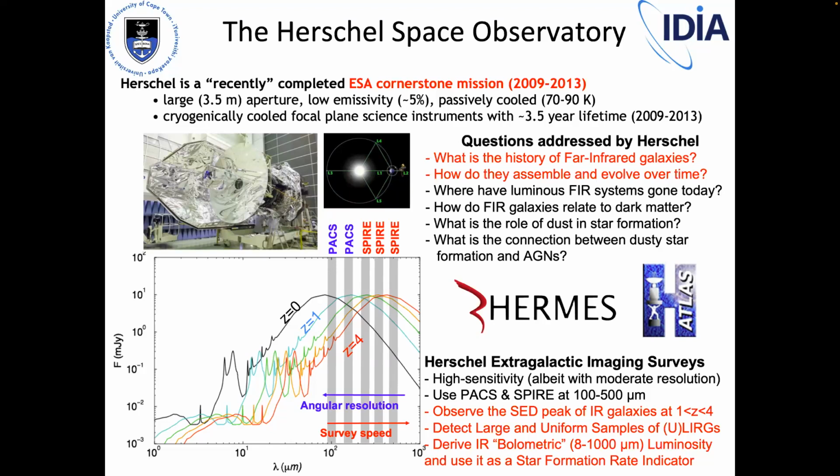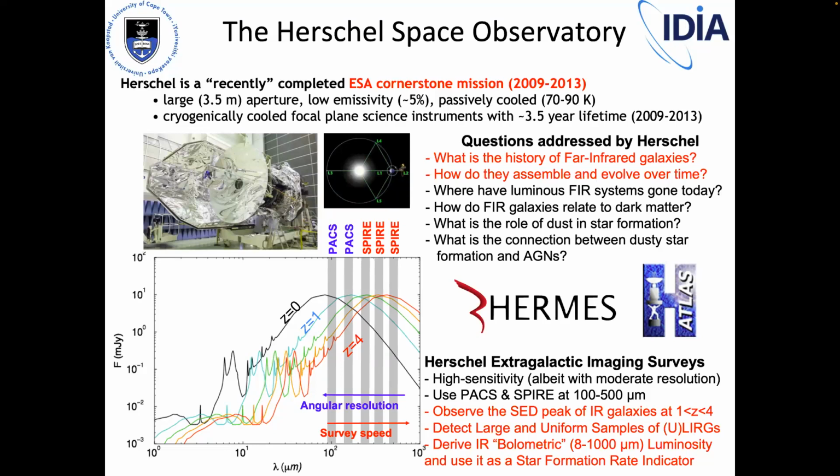But the real driver was to try and keep the electronics, the detectors, as cold as possible. During its operations, the Herschel detectors were probably the coldest place in the universe, according to what we know about the universe. They went down to, I think, 300 millikelvin, so 0.3 Kelvin above absolute zero.